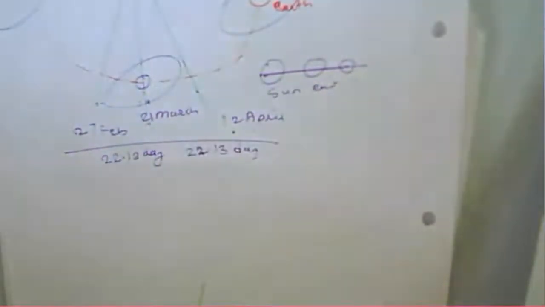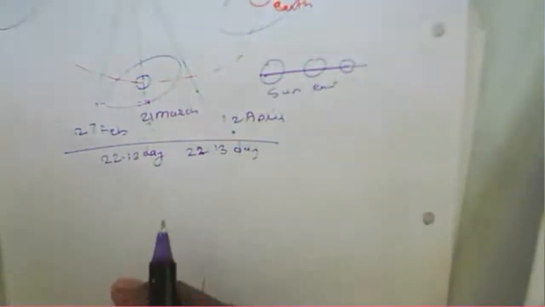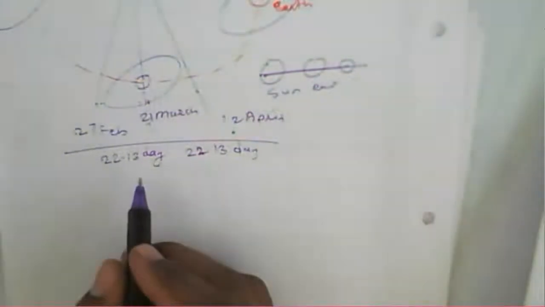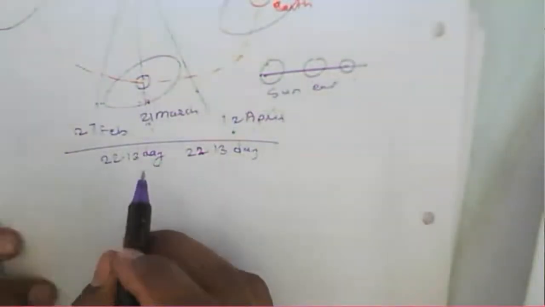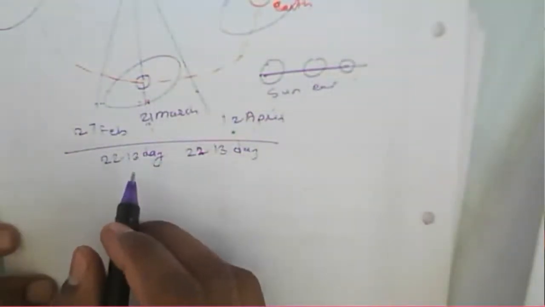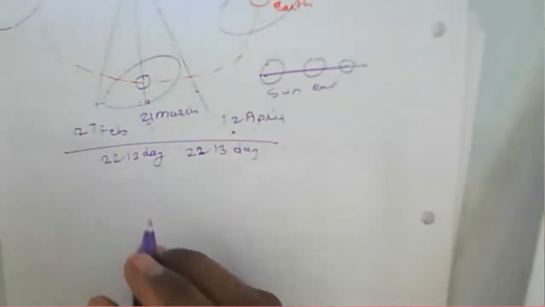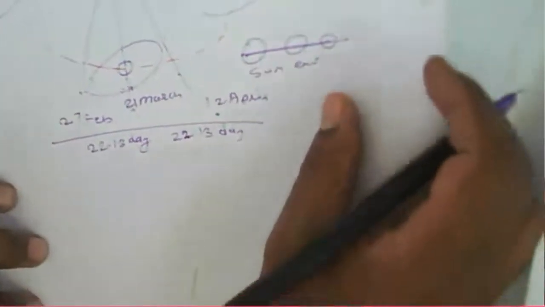That is the number of days of eclipse, or the eclipse duration: 22 days before equinox and 22 days after equinox.